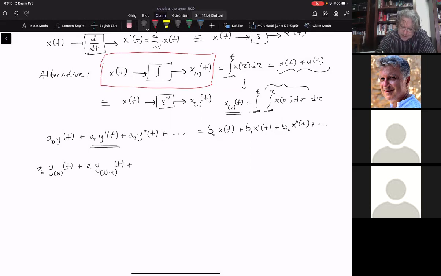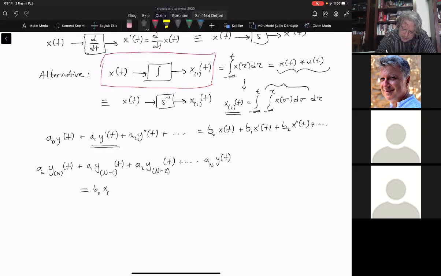And then we will continue like a2 y sub n minus 2 of t, and so on, all the way up to a sub n y of t. Originally the last term was the nth derivative, and I integrate the nth derivative n times, and I come up with y of t. And this will be equal to the right-hand side, which looks the same.